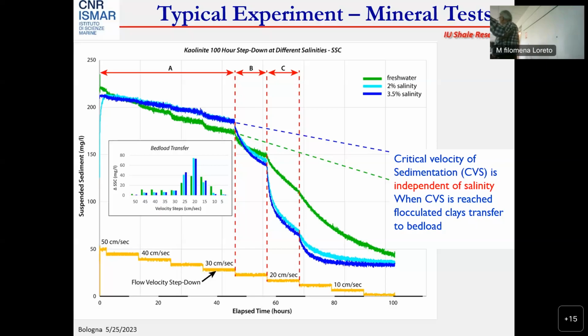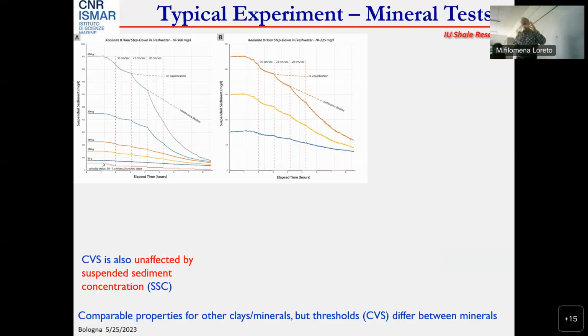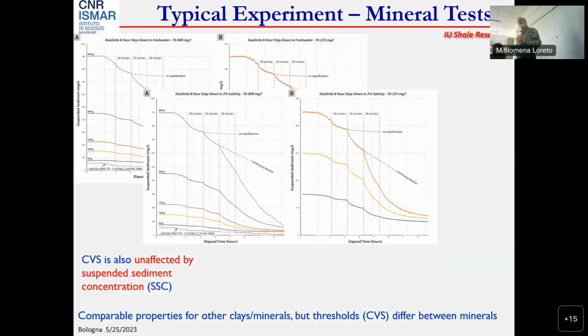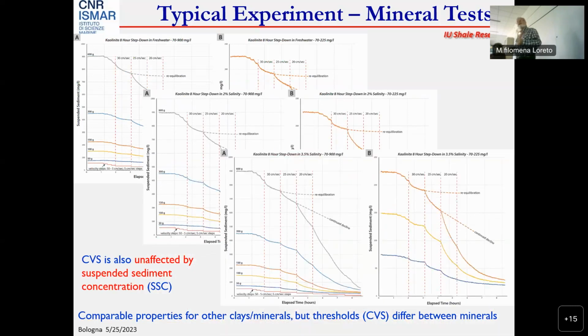there's no salinity dependence. You can do the same experiment by changing the amount of sediment that's in suspension. And no matter how much you use, you get basically the same kind of step-down curves. This is fresh water, similar curve for 2% salinity, 3.5% salinity.